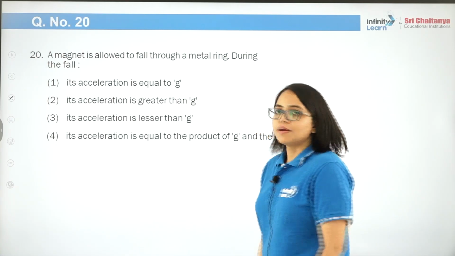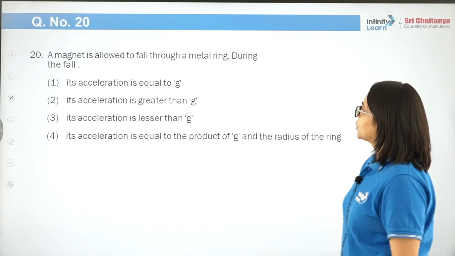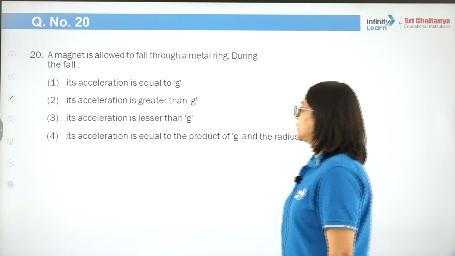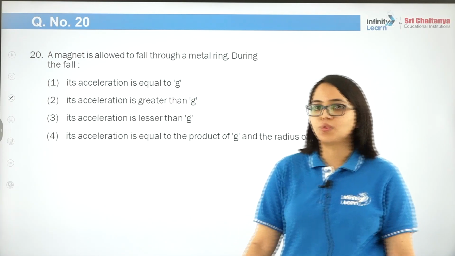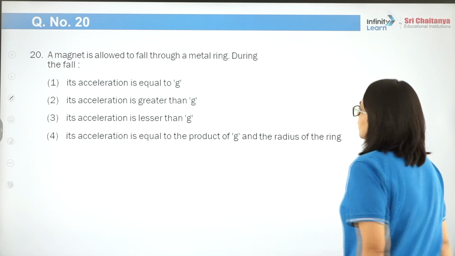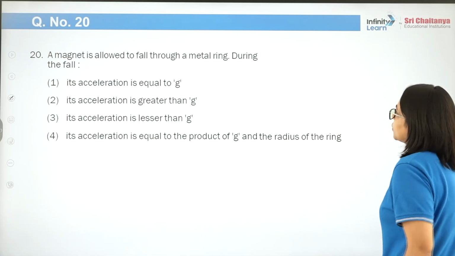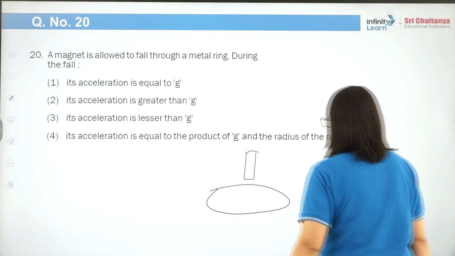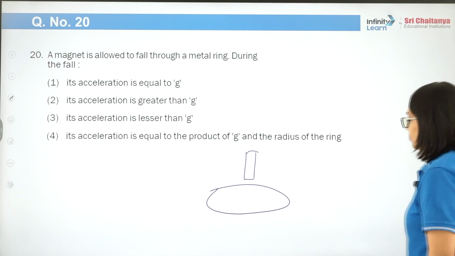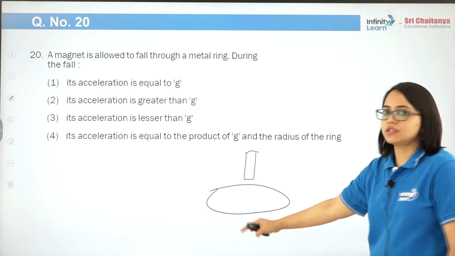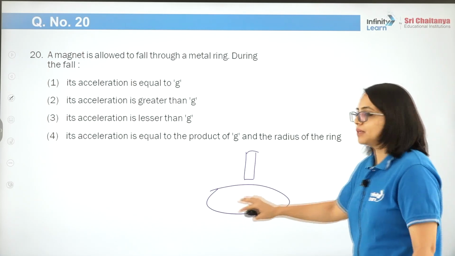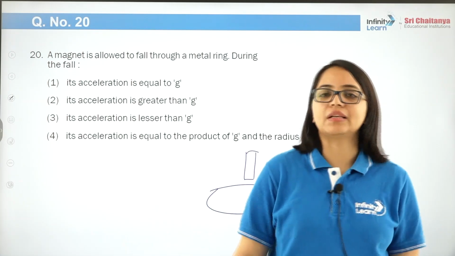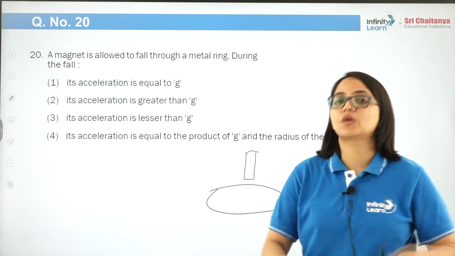Question number 20. A magnet is allowed to fall through a metal ring. During the fall, its acceleration is equal to g, greater than g, less than g, or what? Let's see. When the magnet is allowed to fall through a metal ring, because of the changing magnetic field there will be some induced EMF, and the induced EMF will be in such a way that it opposes its cause.